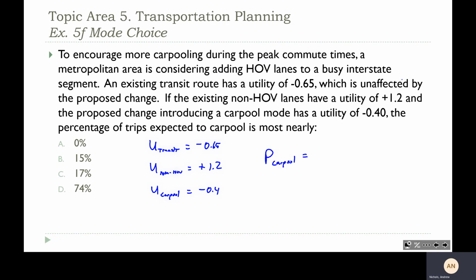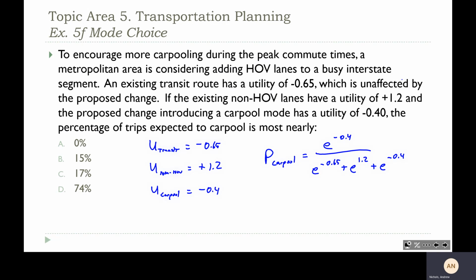So in our equation, we now have e to the negative 0.4 for the carpool, but in our denominator, we now have to account for all three modes. So we would have e to the negative 0.65 plus e to the 1.2 plus e to the negative 0.4. So people have three choices.